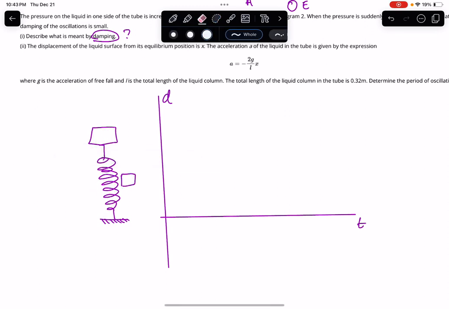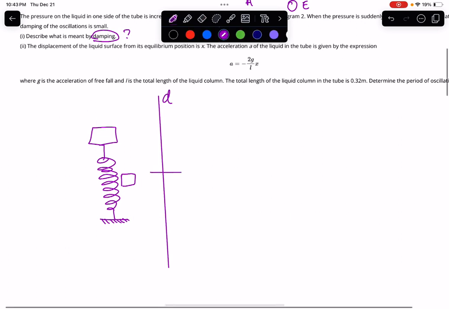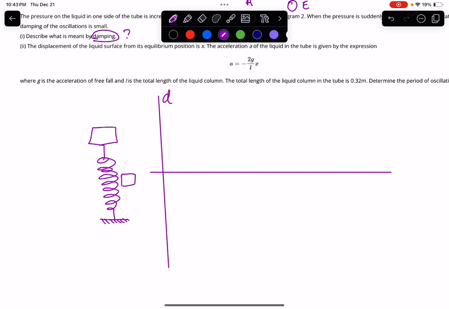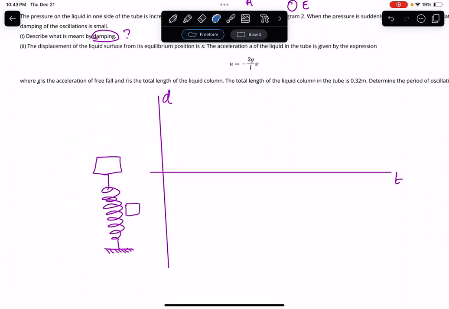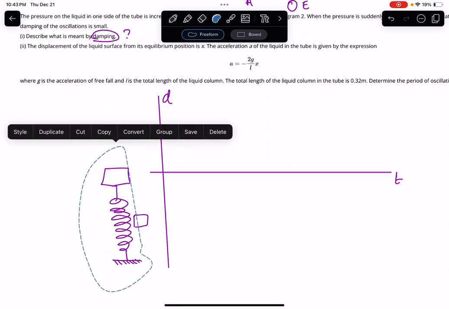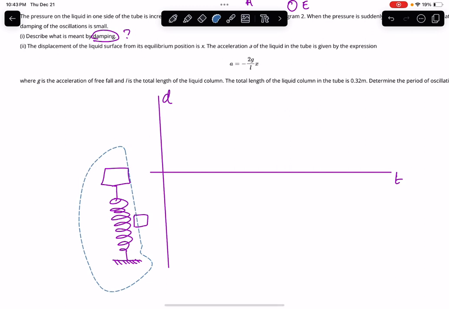And actually, to make this better, I'm going to draw the time over here, okay? So if I have this mass spring system, let's say that this is your normal height.